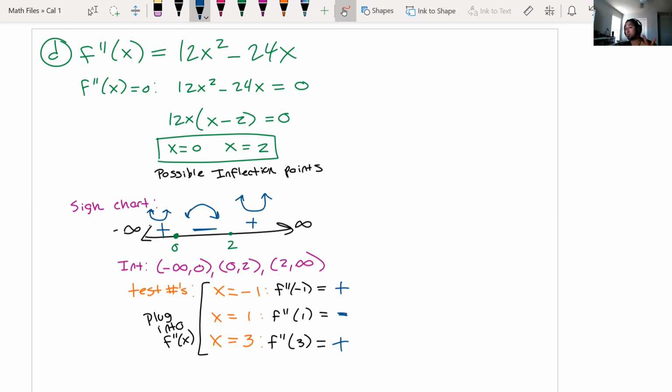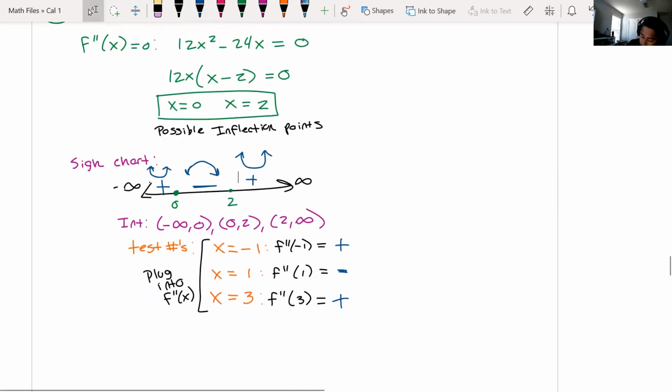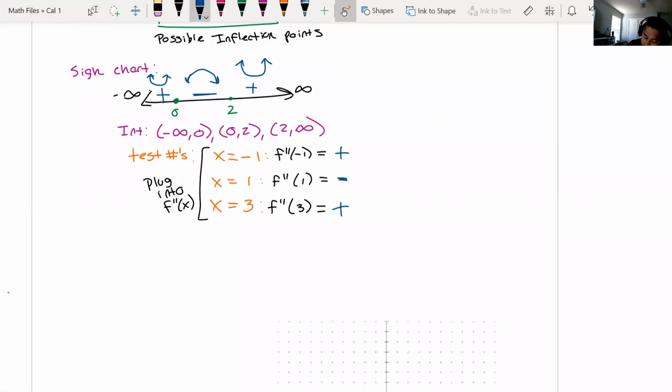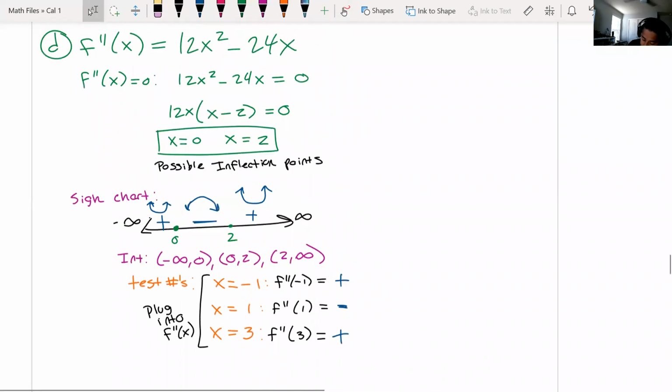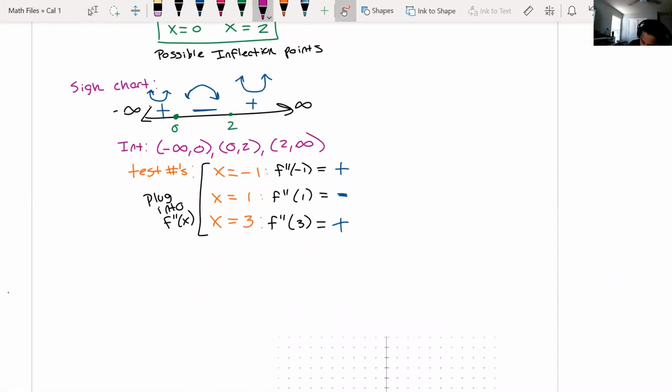Now let's take a peek at our possible inflection points and find out if they are actual points of inflection. So we'll call this E: POI, points of inflection.